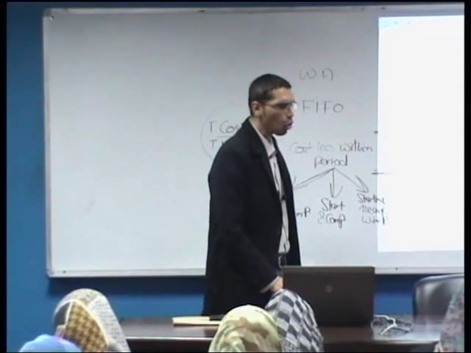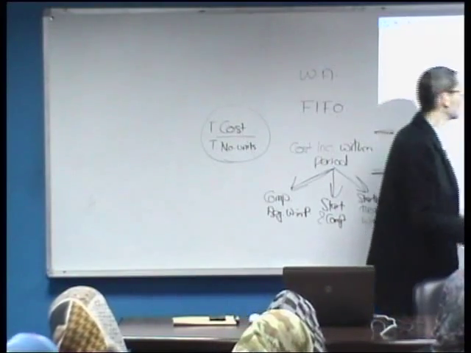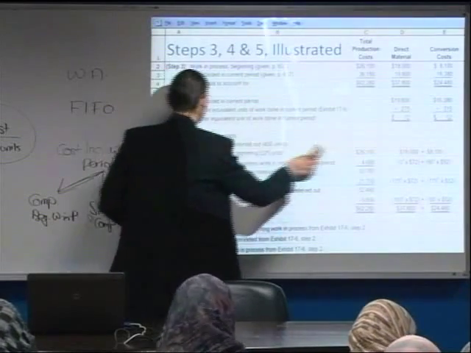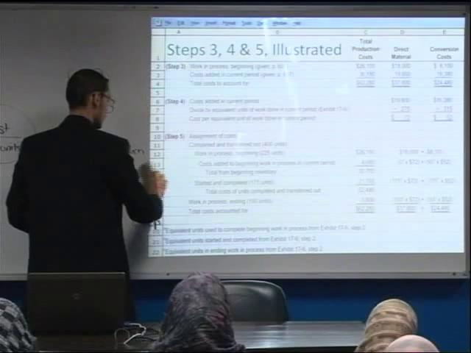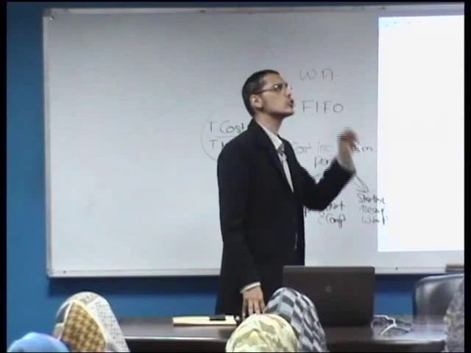Now let us go to steps number 3, 4, and 5. Of course, the steps are the same. As we can see here, in step number 3, we need to calculate the total costs to account for.